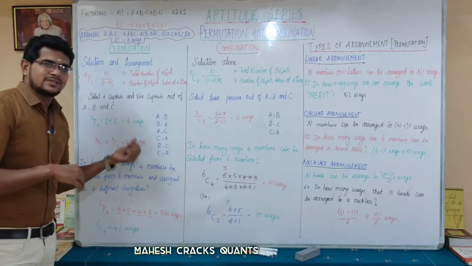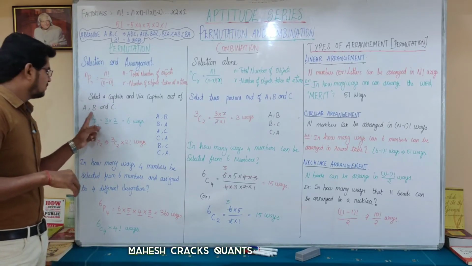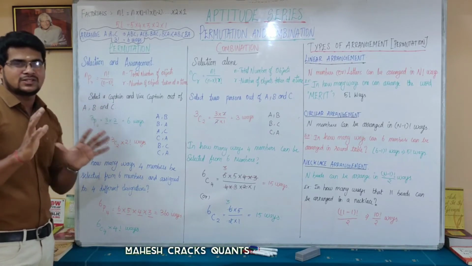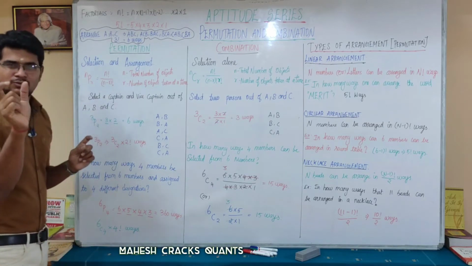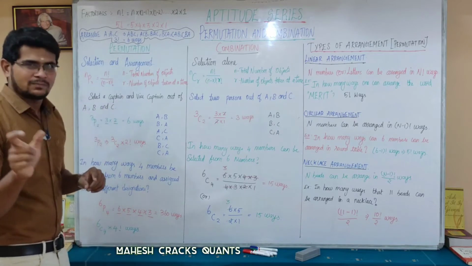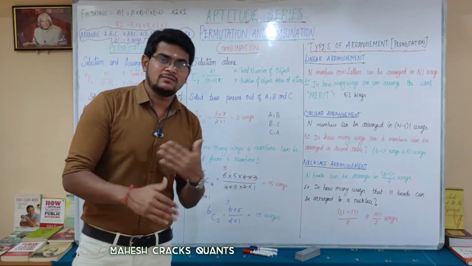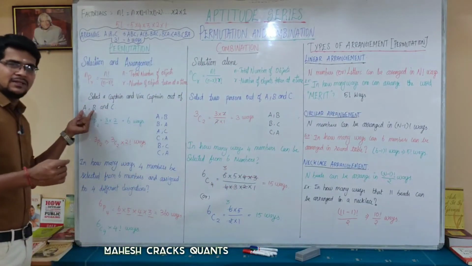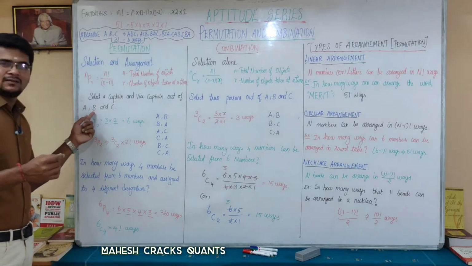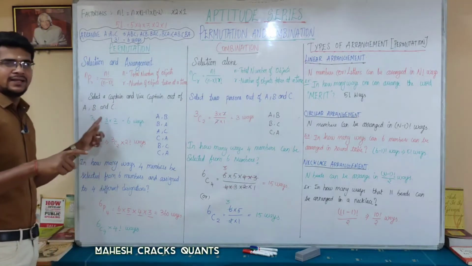We'll see how you select two members from ABC. I can select AB or BC or AC. This is the selection. When it comes to selection, AB is one pair, BC is one pair and AC is one pair. But when it comes to selection and arrangement, AB can be A captain and B vice captain. If you turn it, B captain and A vice captain.